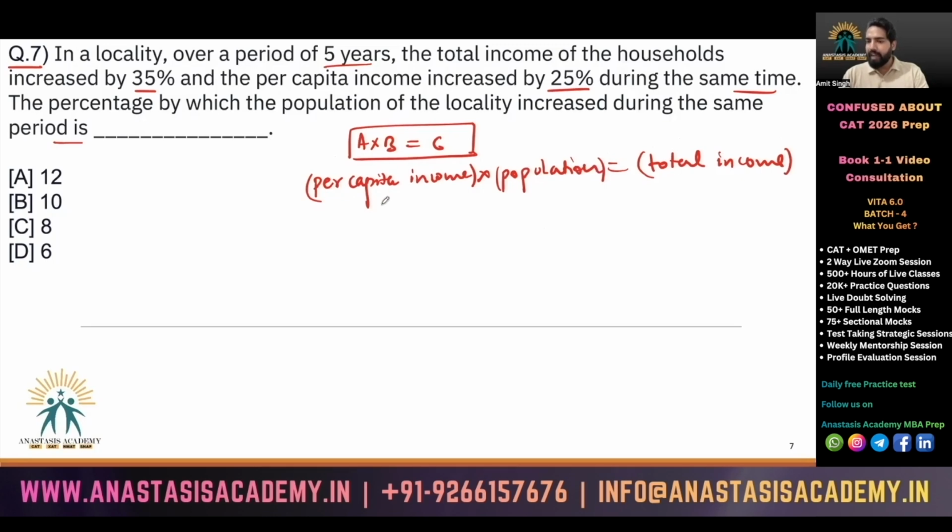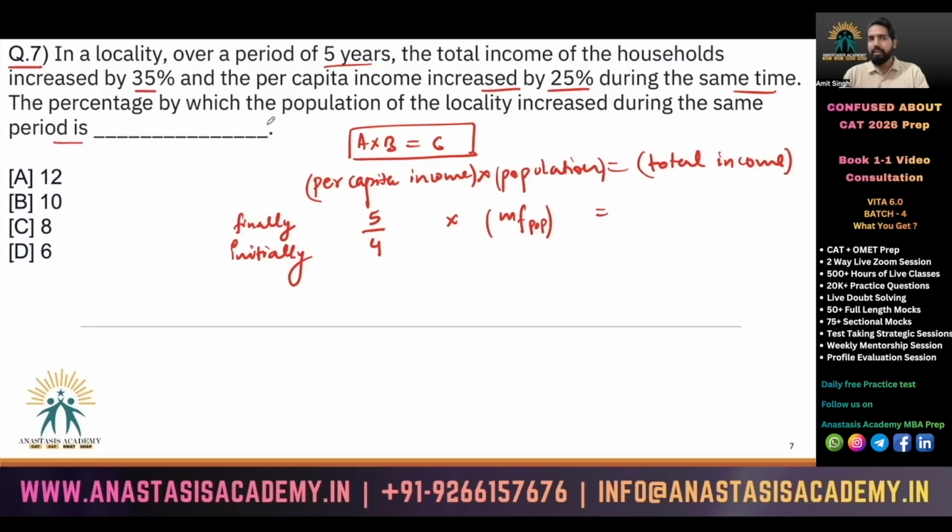So the multiplying factor for this 25% increase, to be precise, would be 5 by 4. You can assume that initially it was 4 units and finally it became 5 units, right? It has to be multiplied with the multiplying factor of population, right?